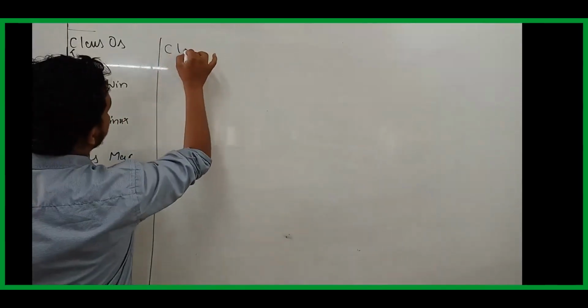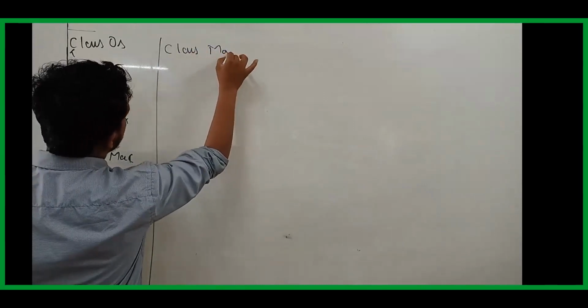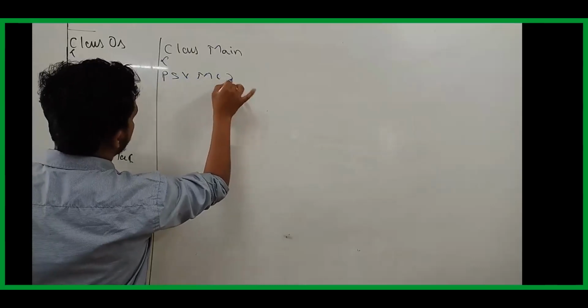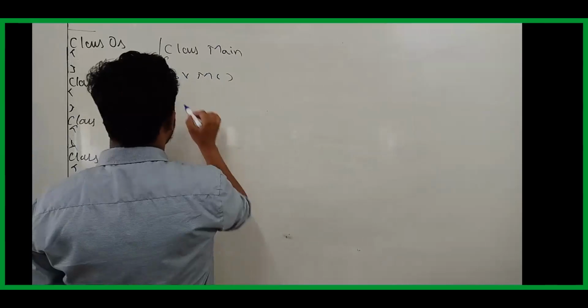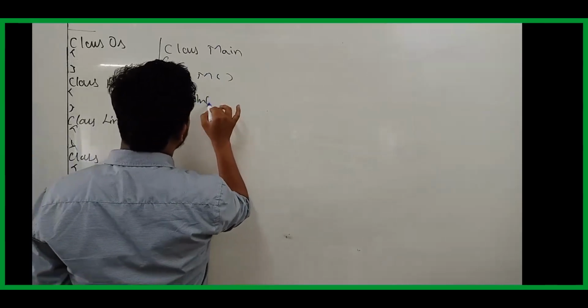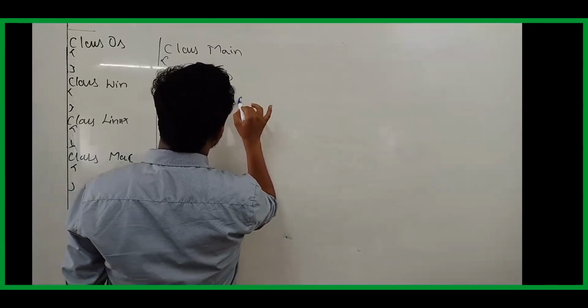I'll write class Main. Inside this one, I'll write public static void main. Now in this program, let me give a choice. I'll write System.out.println enter choice.